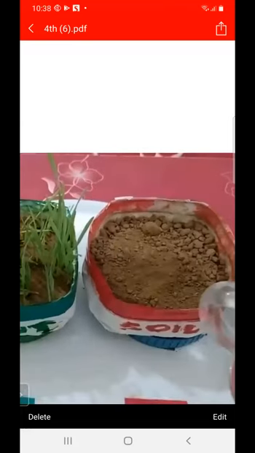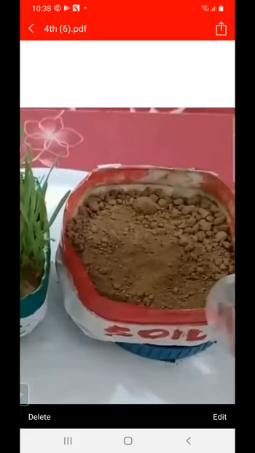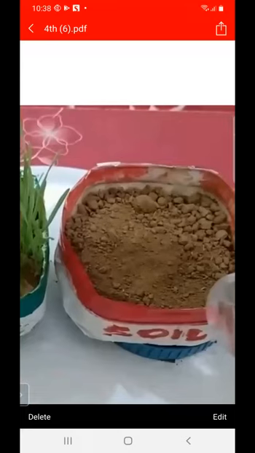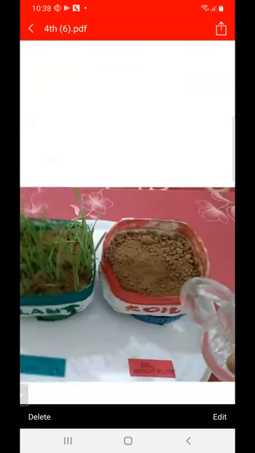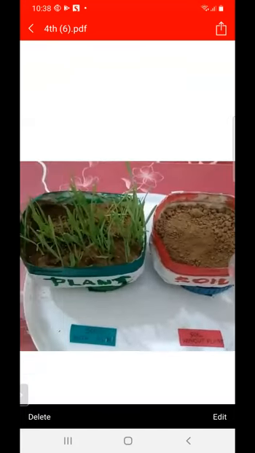But in the other tray, plants are not present. If we add some water into the soil, then the soil is blown off. So in this way, we can prove that plants hold the soil very tightly.